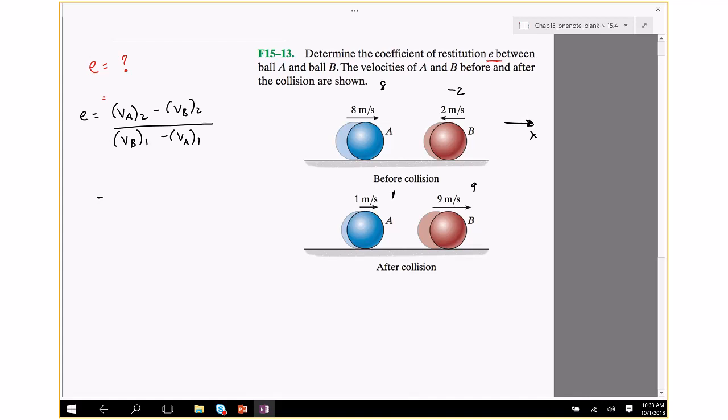So E equals VA2, everything in the numerator is after collision. Velocity of A is 1 minus velocity of B is 9, over velocity of B before collision, which is minus 2, minus velocity of A before collision, which is 8. So 1 minus 9 is minus 8, and minus 2 minus 8 is minus 10. So the answer is 0.8.